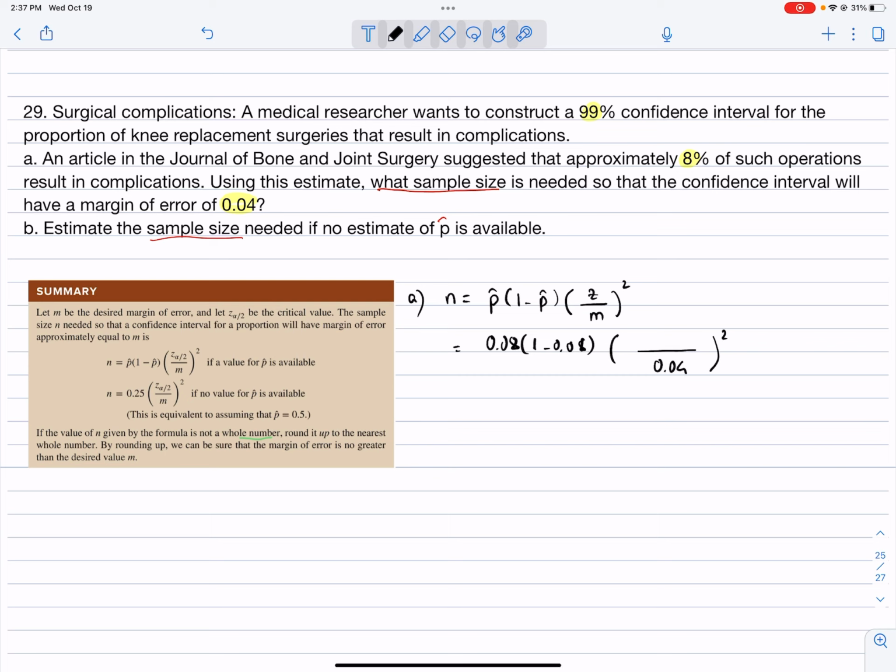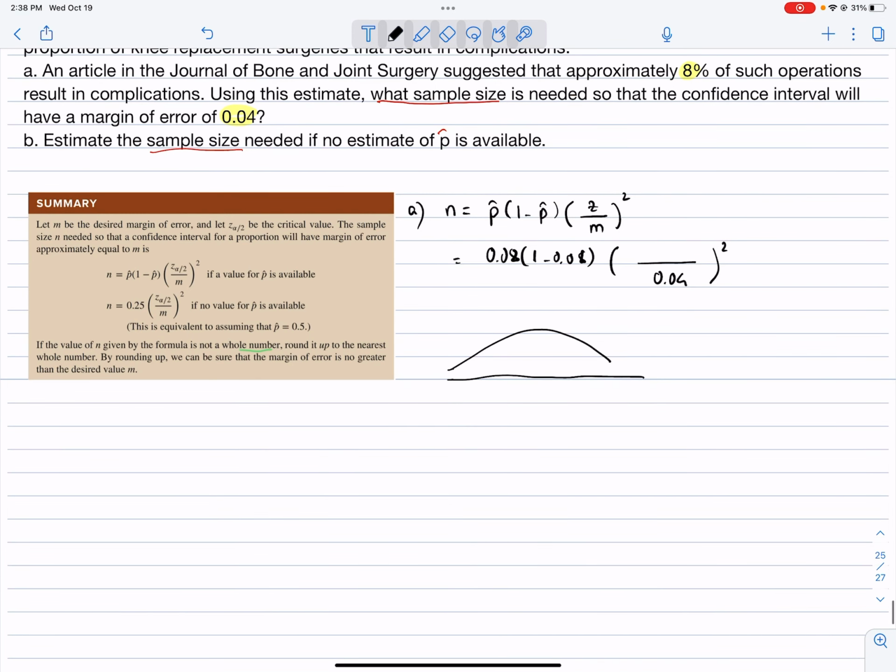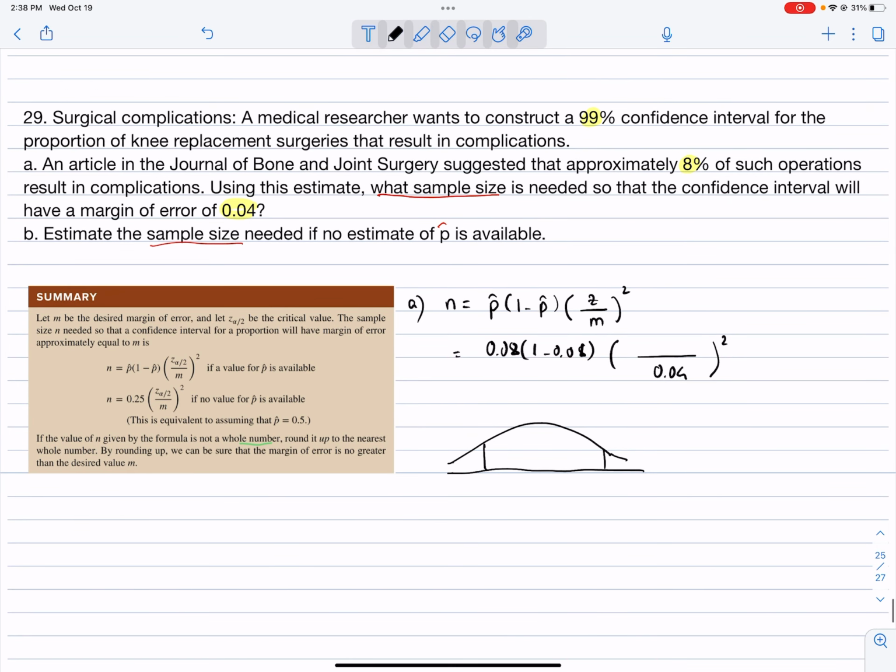To find z, we need to draw the graph for the z distribution. The confidence level is 99%, so the tail is 0.5%, which is 0.005 for both sides.